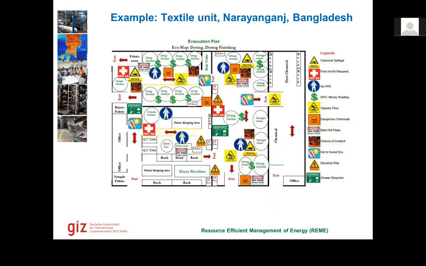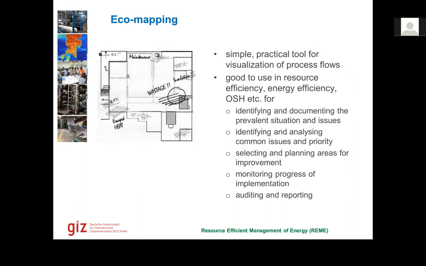So you see, eco mapping, as I show you this one here, is a combined eco map for a lot of things. You can see it also shows safety, it also shows chemicals, it shows energy and a lot of things. But this is only an example. As I said earlier, for example, here, this is an eco map only for energy.